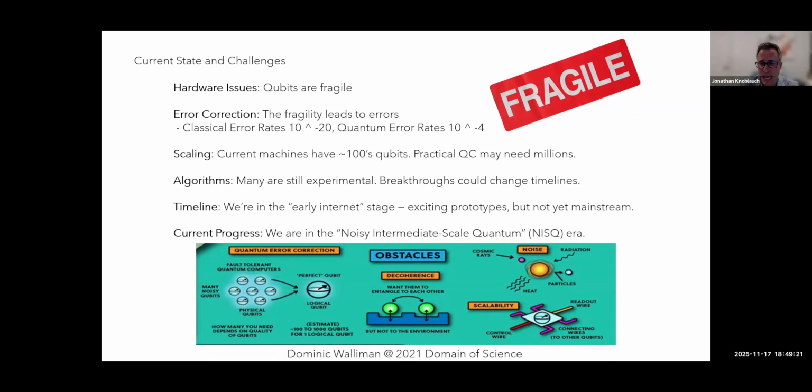Another challenging area is algorithmic. Many quantum algorithms are still experimental, but breakthroughs here can really accelerate the timeline when they do happen. But algorithms that can take advantage of the exponential speed up are harder to find than was first thought.